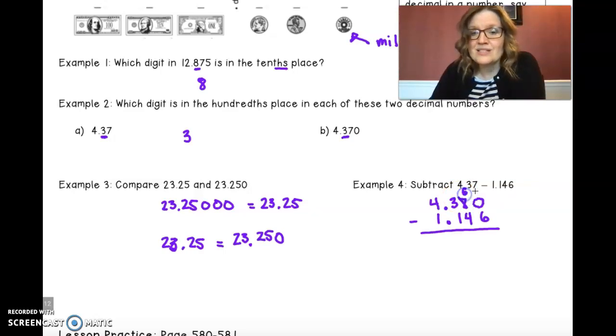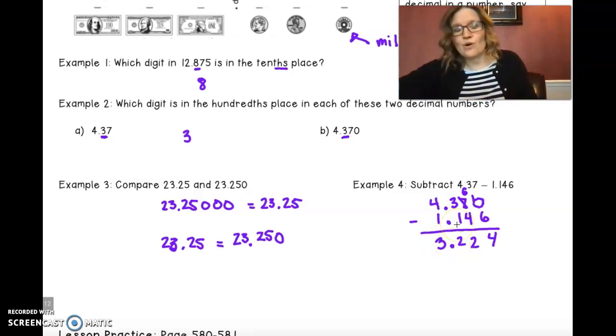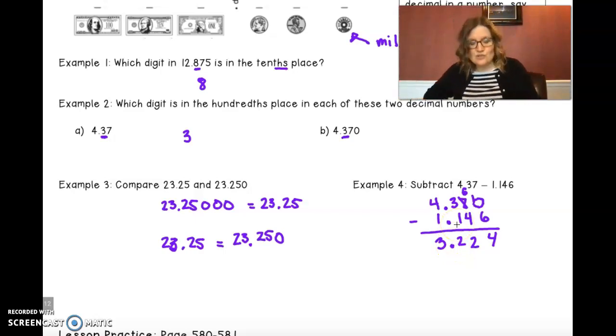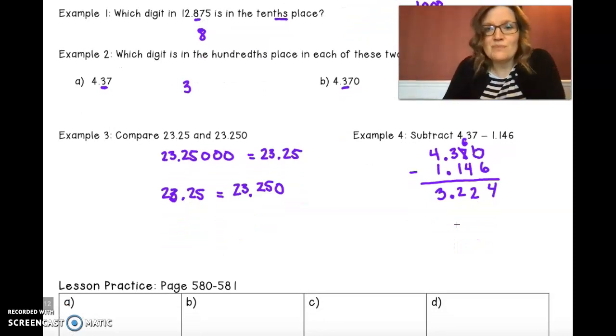So I'm putting 6, and I change this to a 10. 10 minus 6 is 4. 6 minus 4 is 2. 3 minus 1 is 2. Put our decimal right there, and 4 minus 1 is 3. So our answer turns out to be 4 and 224 thousandths. Now we're going to pause and come and join me for the lesson practice.